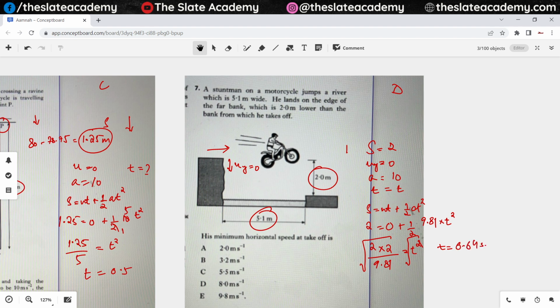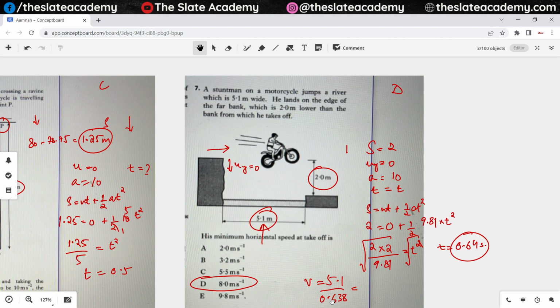Okay. And now this is the time, and in this time it has to cover a distance of 5.1. So velocity is equal to distance over time. So 5.1 divided by 0.638 gives 7.986, which means option D. So the horizontal velocity should be 8 meters per second for it to cover the horizontal distance, because this is the time it would take to fall down this height.